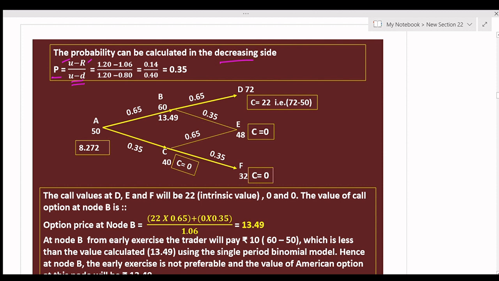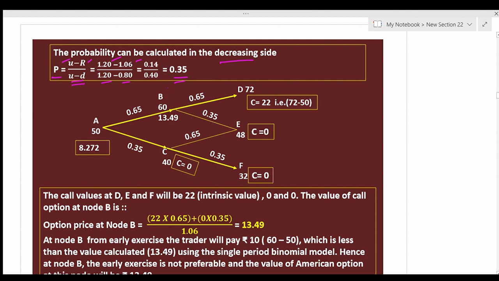But on the decreasing side, the formula will be (U minus R) divided by (U minus D). The value of U is 1.20 minus R 1.06 divided by 1.20 minus 0.80, which is equal to 0.35. It is the probability of the decreasing side.